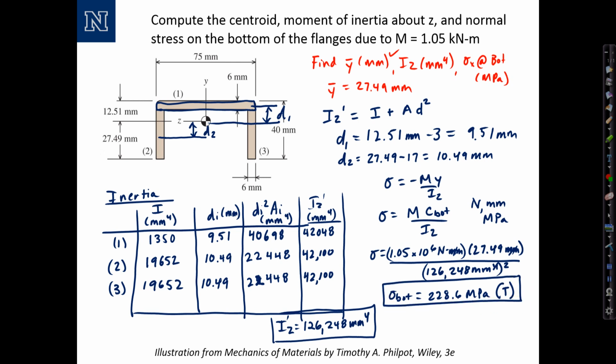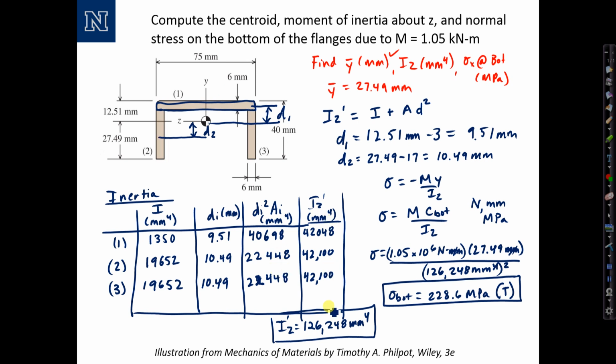And as a sanity check, in my moment of inertia, I know that the inertia terms for the individual sections, the ones that are oriented vertically, are much larger than the one oriented horizontally, but the d i squared times A is larger for the section on the top than the sections that pass through the centroid.